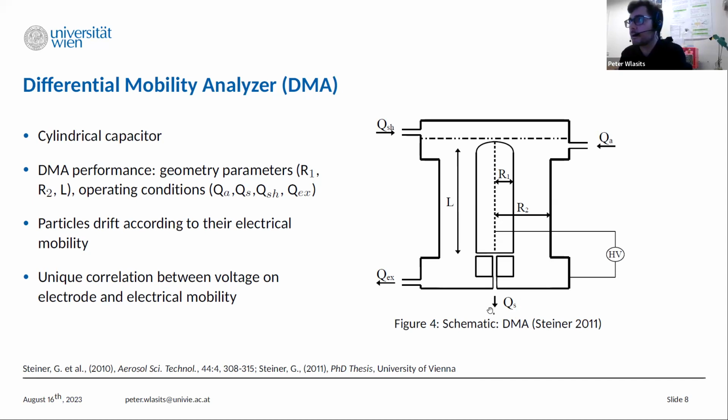And if everything is stable and symmetric and fixed, then there is a unique correlation between the voltage on the electrode and the electrical mobility. So this instrument allows size selection by applying a voltage, and one voltage is connected to an electrical mobility equivalent diameter.